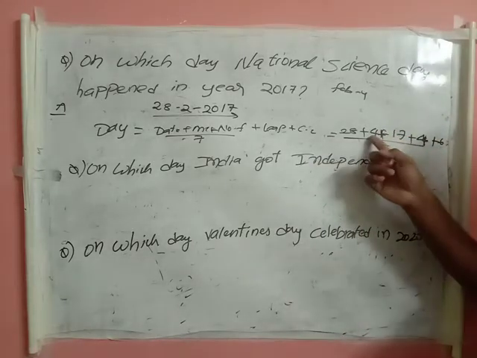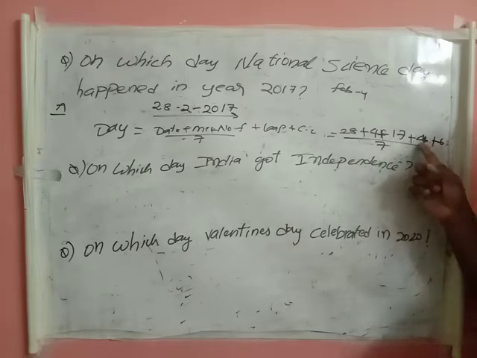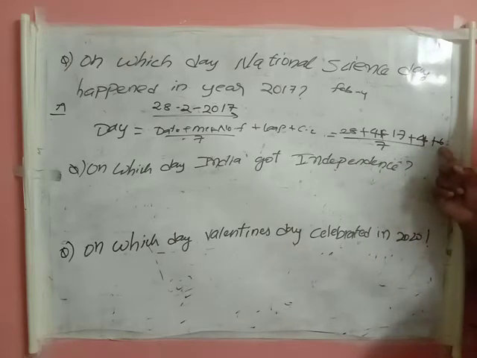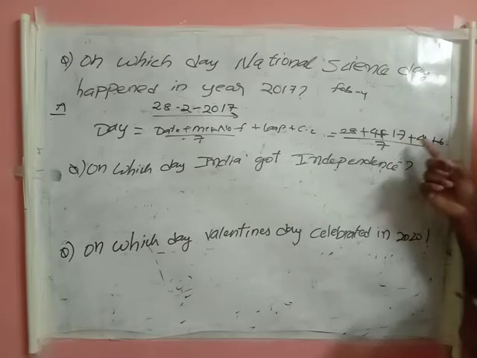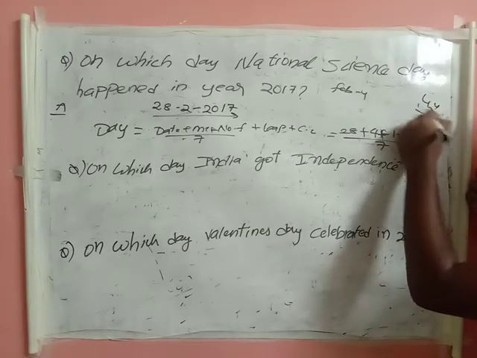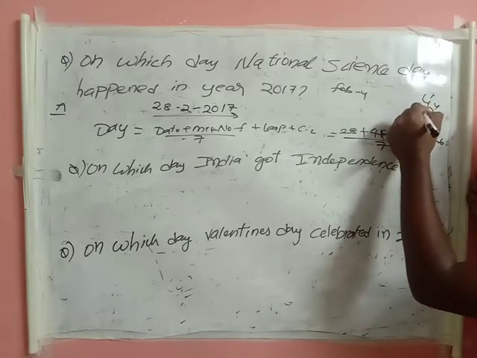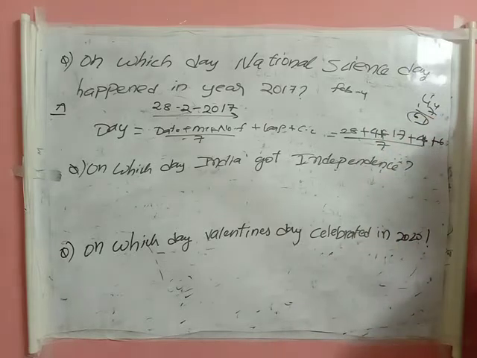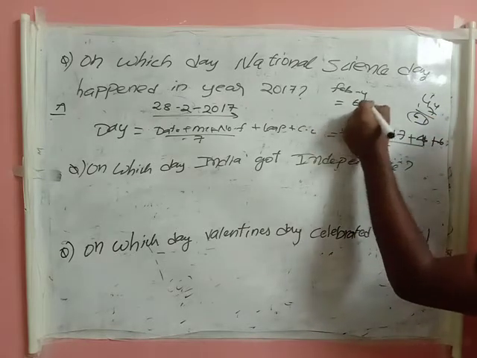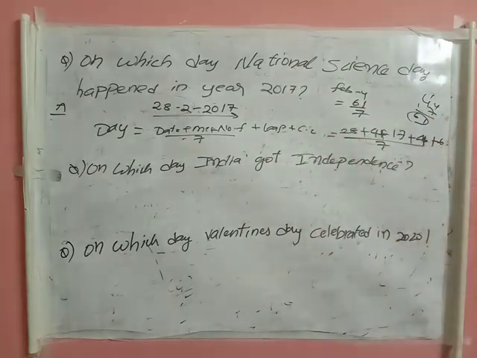So 28 plus 4 is 32, 32 plus 4 is 38, 38 plus 6 is 44, 44 plus 17, so you will be getting 61. So you just try to divide 61 by 7.